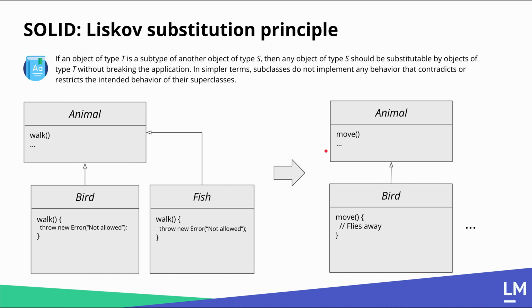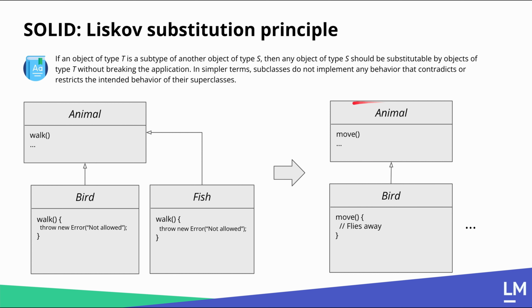I know there are some examples of animals that don't move, but then in this case, we could simply implement an empty method. We just do nothing instead of throwing an error. And then for animals which move in different ways than walking, we can implement the functionality here. So when the bird moves, it's going to simply fly away and the fish is going to swim away.